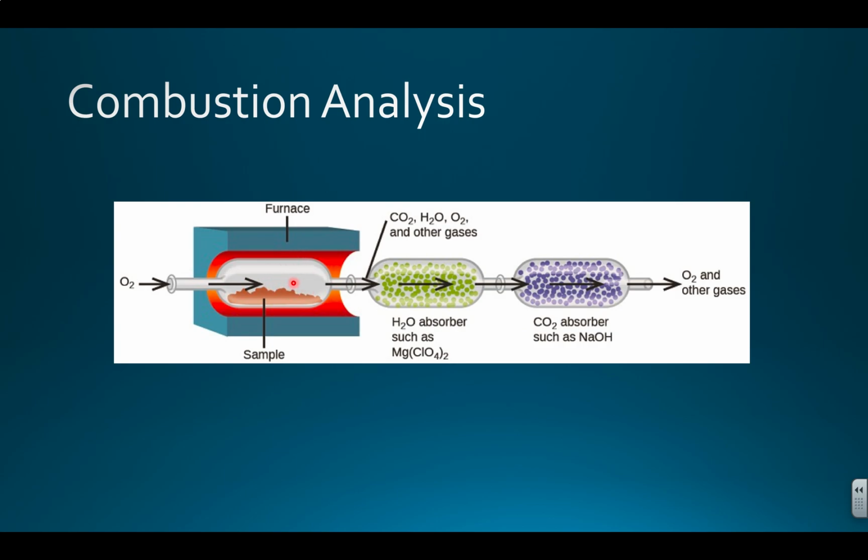And then the products of combustion are always going to be CO2 and water. So you have one area that will have a water absorber, and they'll be able to see the change in mass of water, and the change in mass of carbon dioxide. All of the carbon in the original sample went to carbon dioxide.